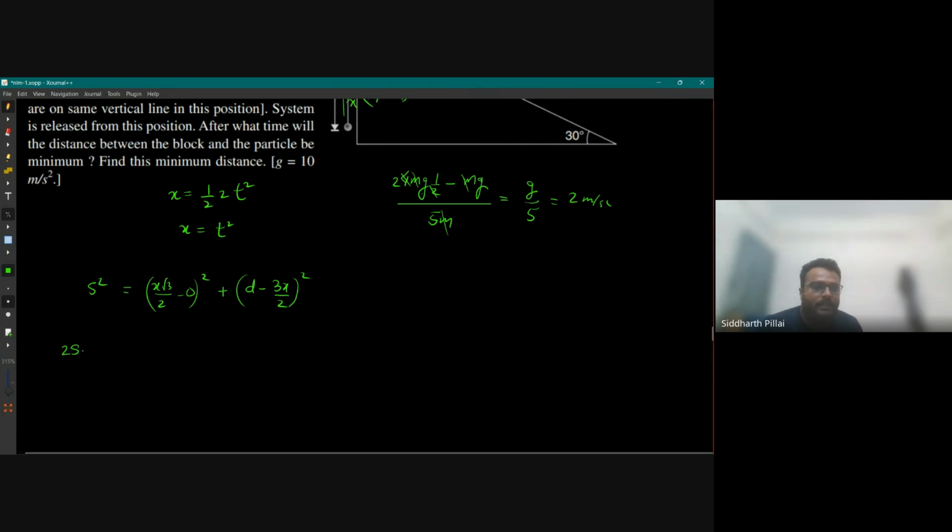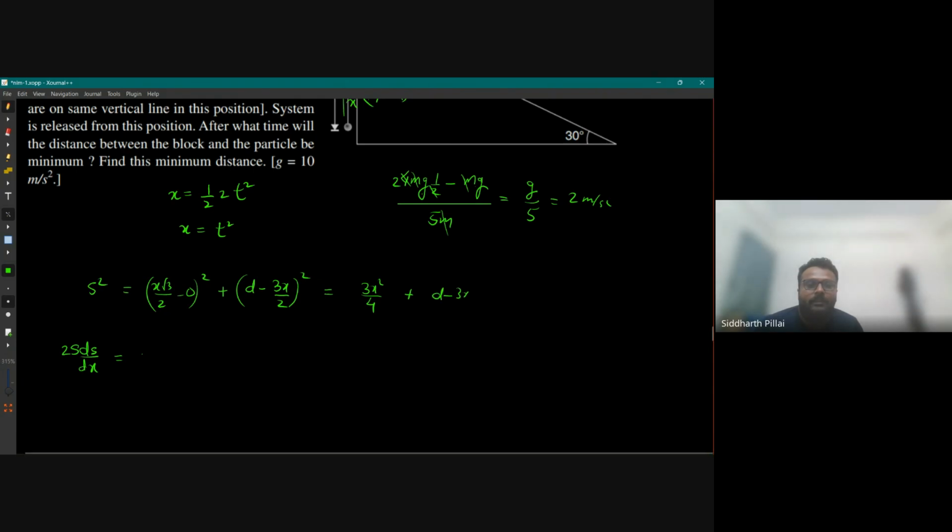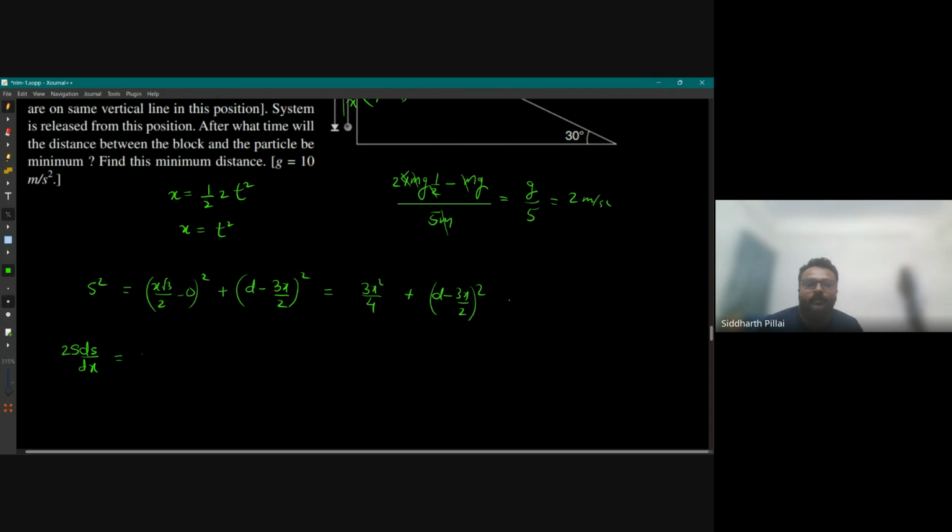So I'll get 2s into ds by dx is equal to this. What is the derivative? I'll just square it, no? So I'll just write it as 3x square by 4 plus d minus 3x by 2 the whole square.